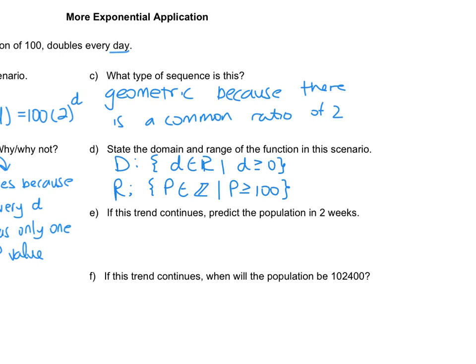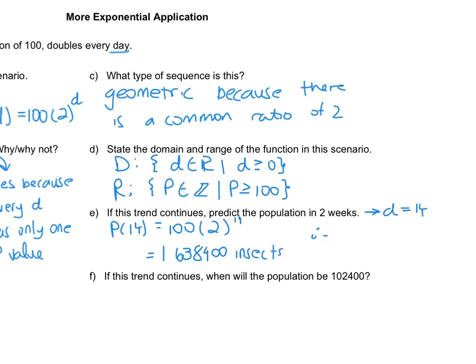Okay, if this trend continues, predict the population in 2 weeks. So first of all, 2 weeks means that the number of days is 14. Now we can just evaluate P at 14, which means we're going to do 100 times 2 to the power of 14. And when we do that, we should get 1,638,400 insects.